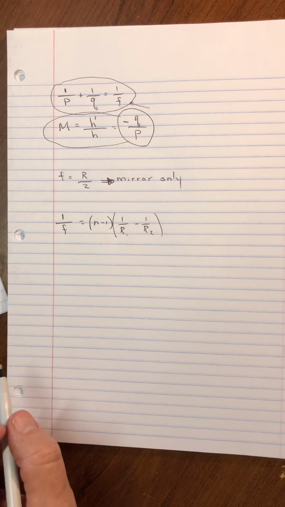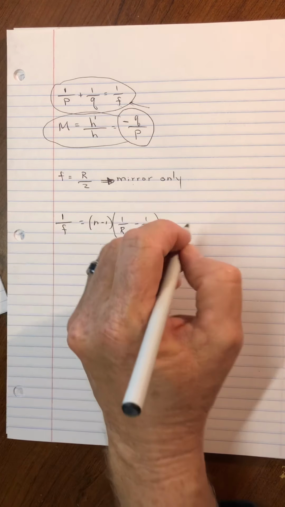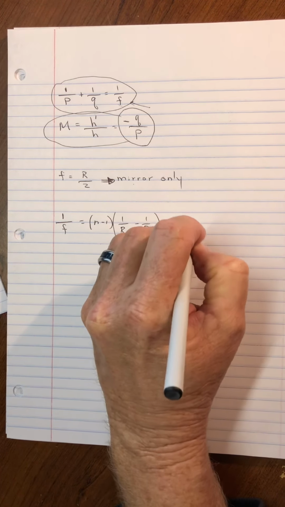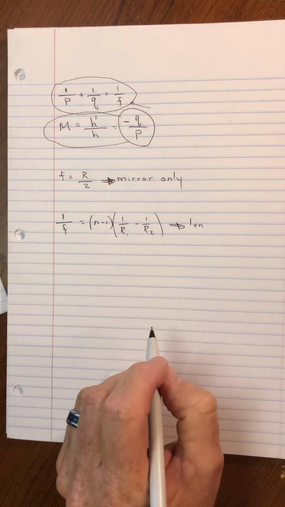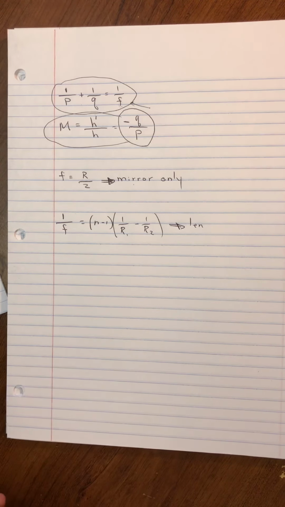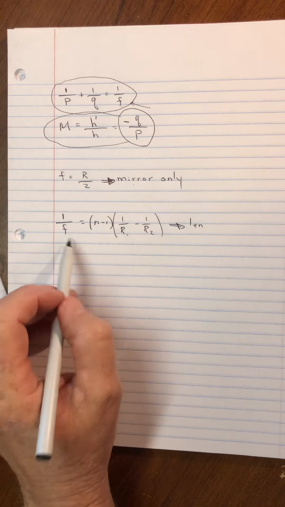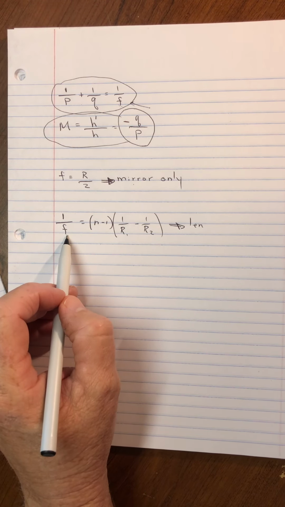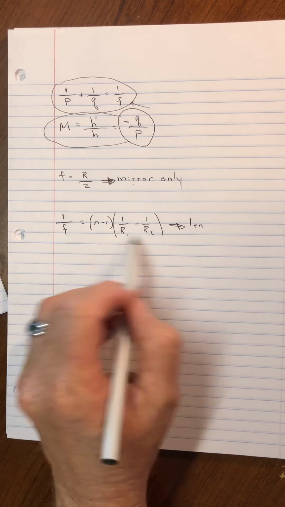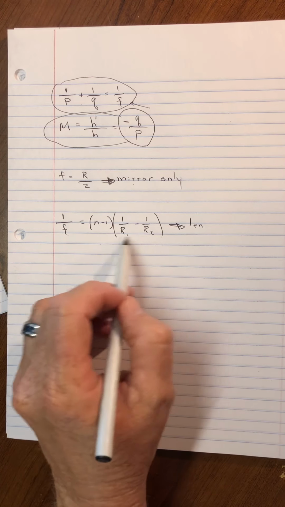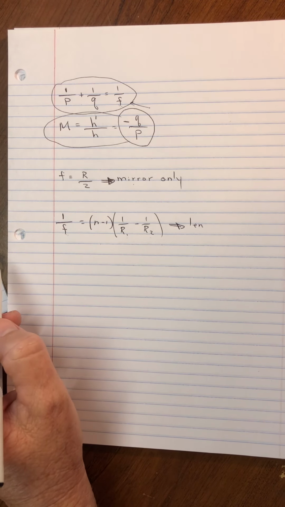And so it's not as simple as the mirror. The lens may have a focal length that is positive or negative, depending on how this calculation works out. It depends on the two radii of curvature.